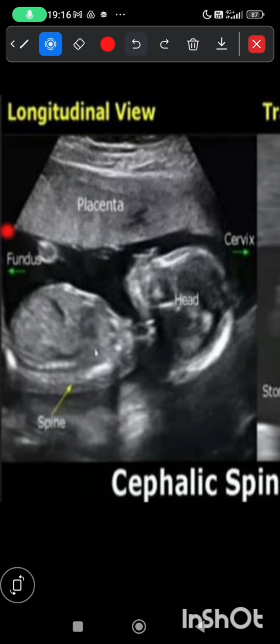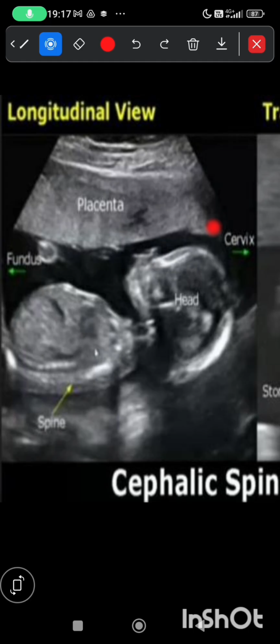Now what if the question gives you this type of picture and says the probe is transversely placed? The probe is transverse and you get this picture. What will be the presentation of the fetus? Transverse, yes. And head toward right or left?